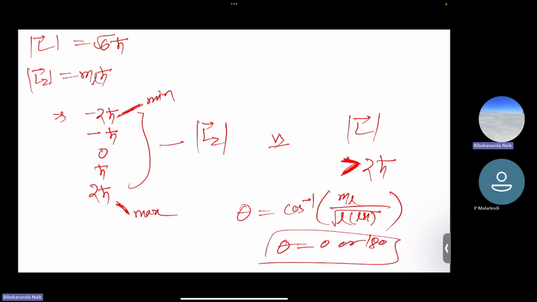But ml can't be equal to root of L into L plus 1, that's why theta can't be 0 or 180 degrees. If theta is 0, then Lz vector magnitude equals L vector magnitude. When theta is 180 degrees, again the Lz magnitude equals the L magnitude.